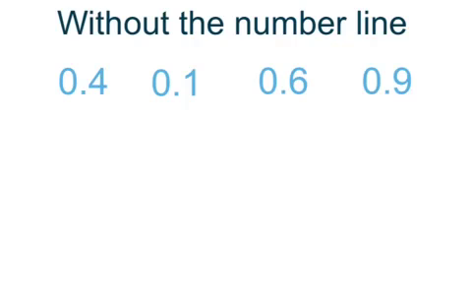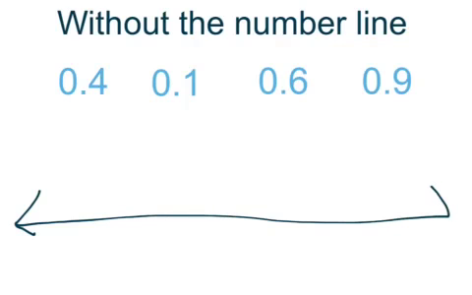Alright, so for putting these numbers in order, I'm just going to kind of draw a number line for myself just to kind of see what I have going on here. So I have my 0 here, and then my largest, looks like it's going to be 0.1. Let's see.